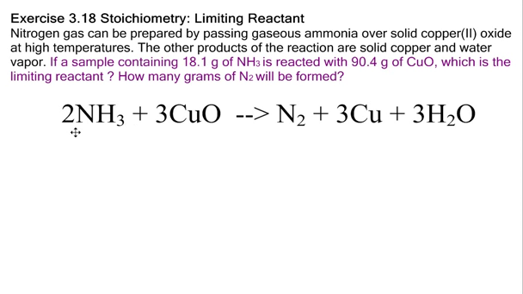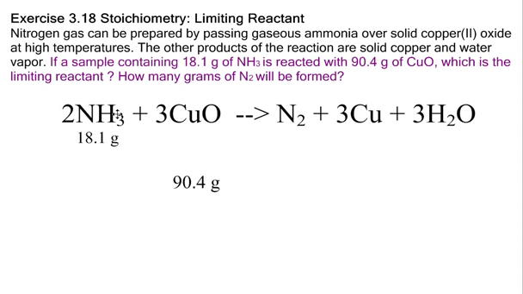Our balanced chemical reaction is 2 ammonia plus 3 copper oxides gives us 2 nitrogens plus 3 coppers plus 3 hydrogens. Now, I start by putting the 2 reactants I'm given on 2 separate lines underneath of where they are in the reaction. Let's do that now.